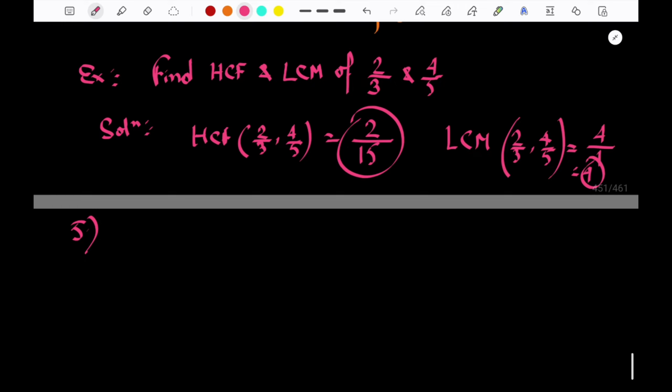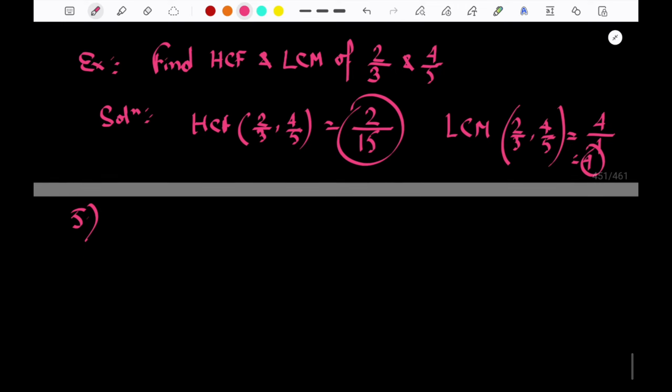Now, find HCF and LCM, that's done. Next, property 5.